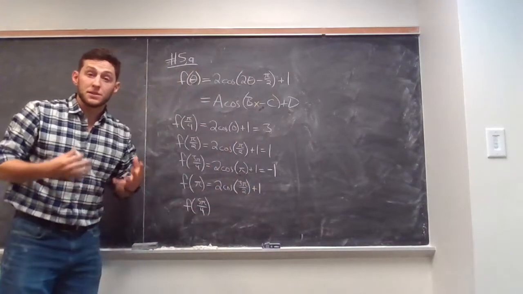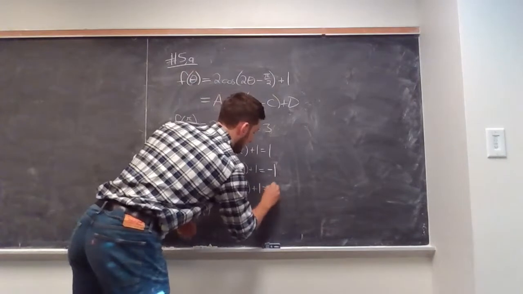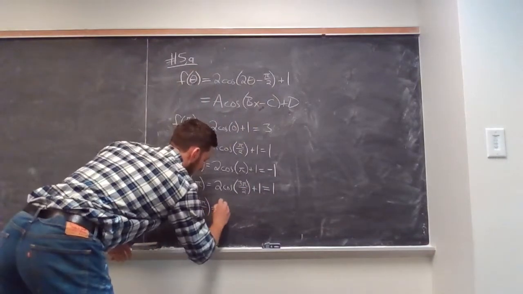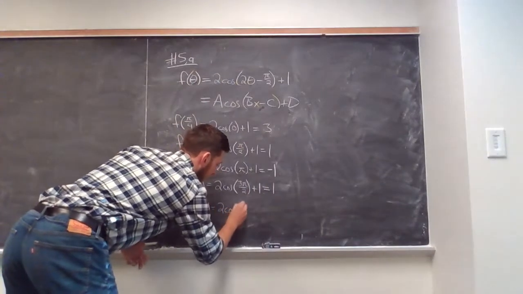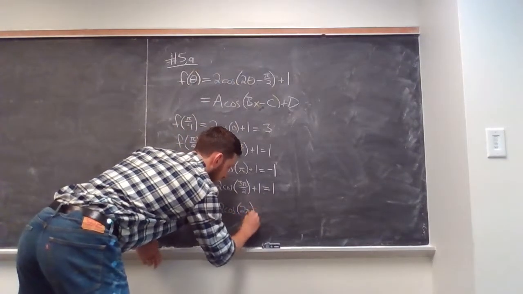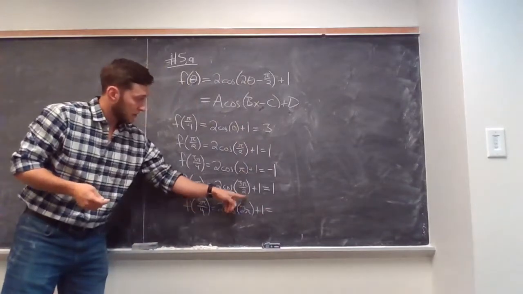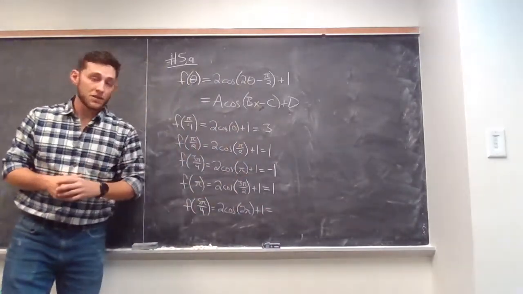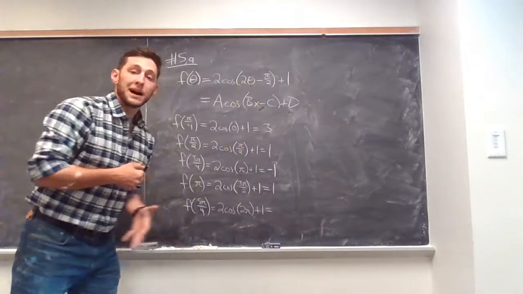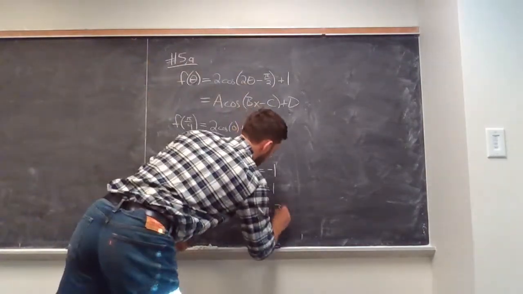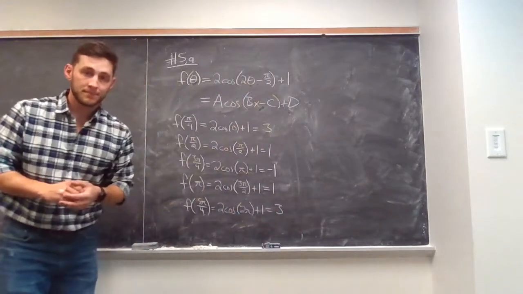Cosine of 3 pi over 2 is 0, so I just get positive 1. And 5 pi over 4, by design, makes the inside of cosine 2 pi. That's the whole reason we do these important points. They make the inside of cosine these nice quadrantal angles. But cosine of 2 pi is just 1. 2 times 1 plus 1 gets me back to 3.